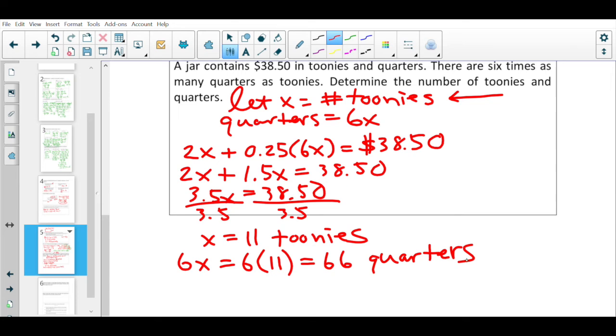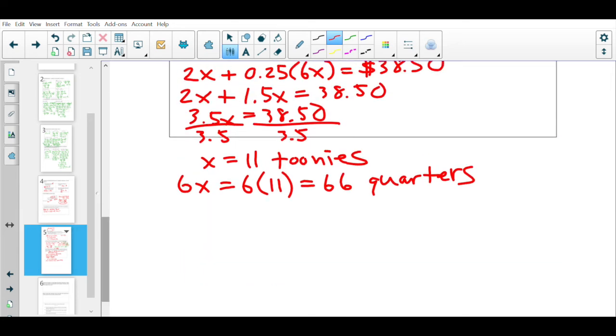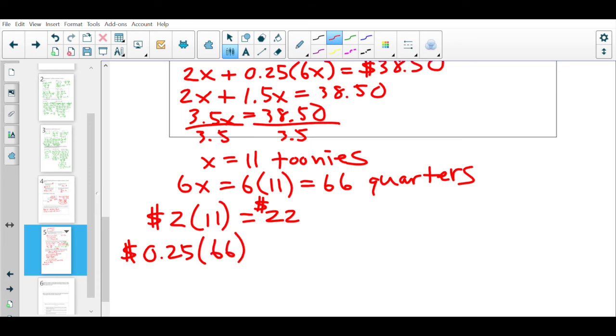And let's check that to make sure that these quantities are correct. 2 times 11 is $22. 25 cents times 66 quarters. What does that equal? 0.25 times 66 is $16.50.